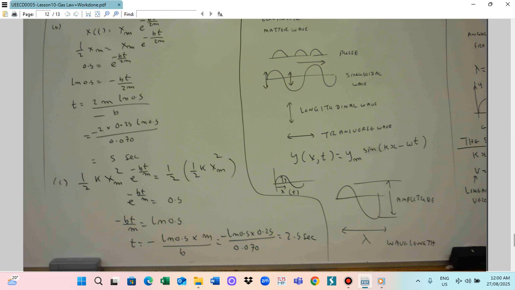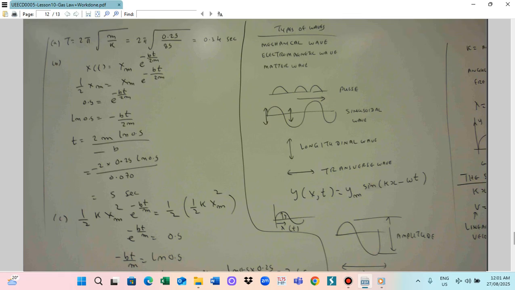Mass is 0.25, divided by B is 0.70. So by solving this one, what you call the spin rate, that will be 2.5 seconds. So those are the answers of this problem.